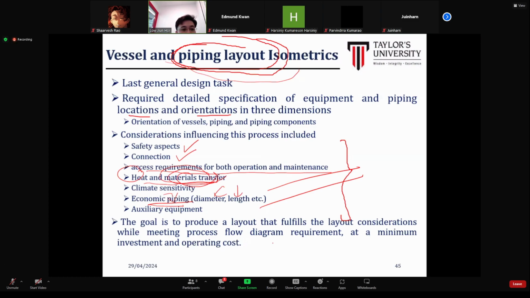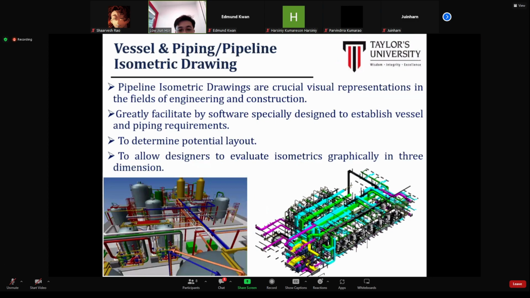Okay, we proceed. You see, this is the example of how we prepare the piping layout. If the piping layout is a 3-dimensional diagram, then we call it an isometric drawing, a pipeline isometric drawing.